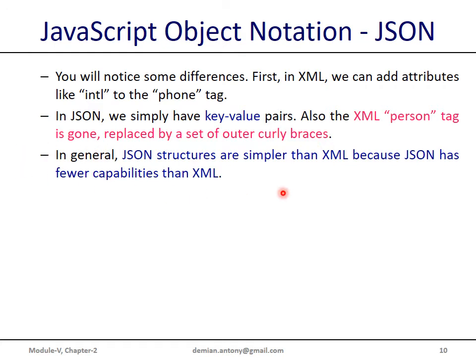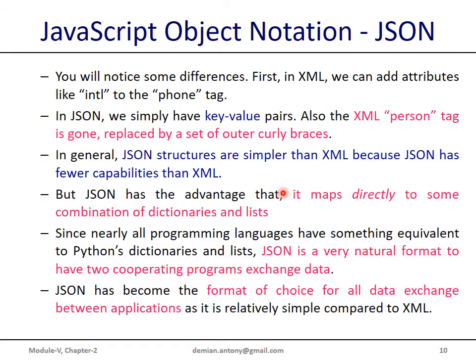In general, the JSON structure is very much simpler than XML, because JSON has a very simple structure and very few capabilities in terms of representation than XML. But JSON has an advantage that the data directly maps to a combination of dictionaries and lists. And we find most of the programming languages have the concept of dictionaries and lists, and it is very natural.